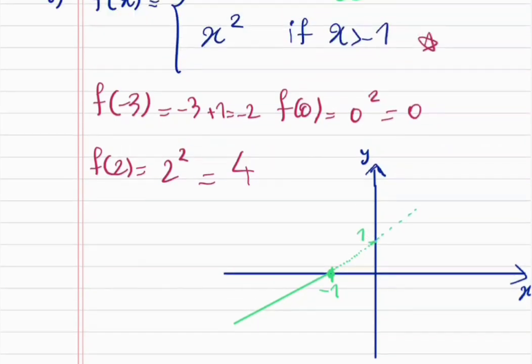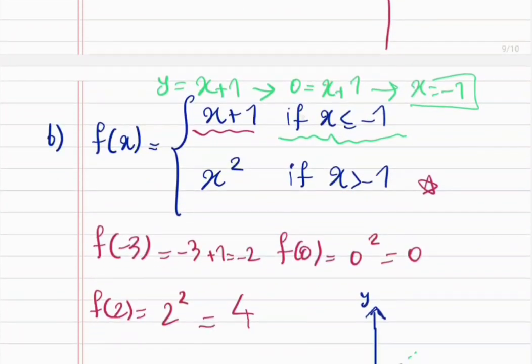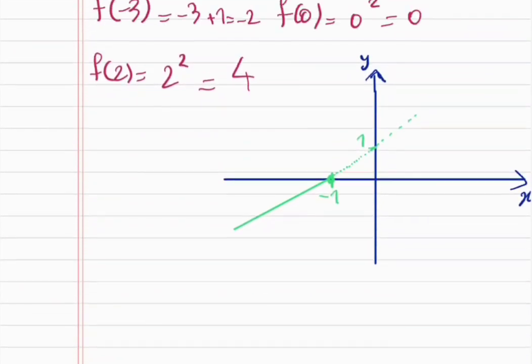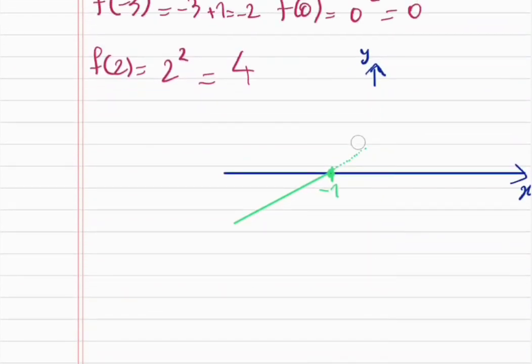We are not allowed to do that because only the x values that are less than or equal to minus 1 satisfy this function. So we have to stop. We stop at minus 1 and we don't go further.